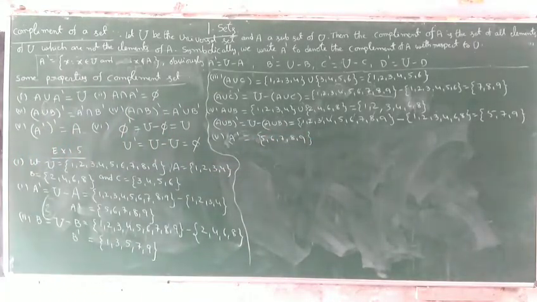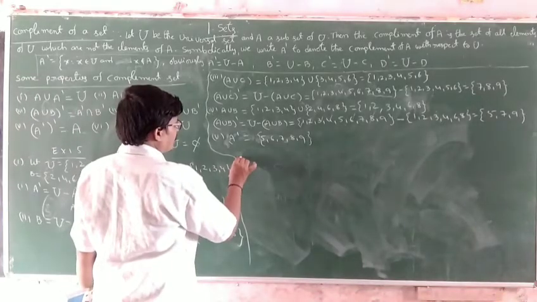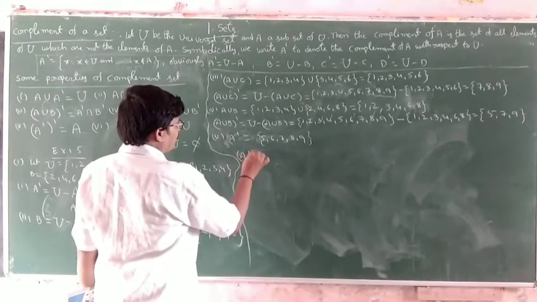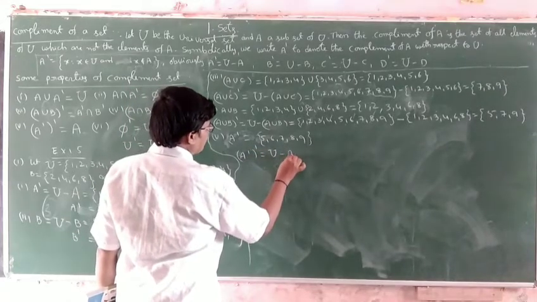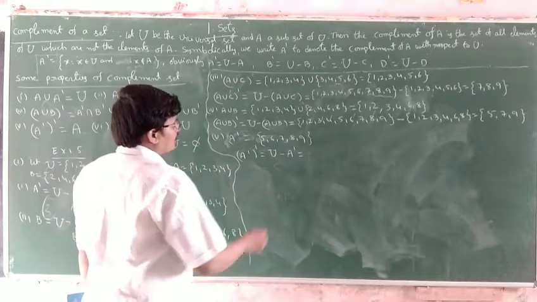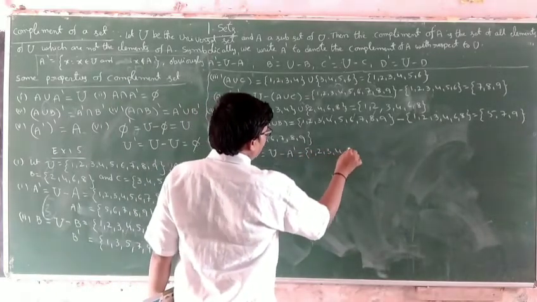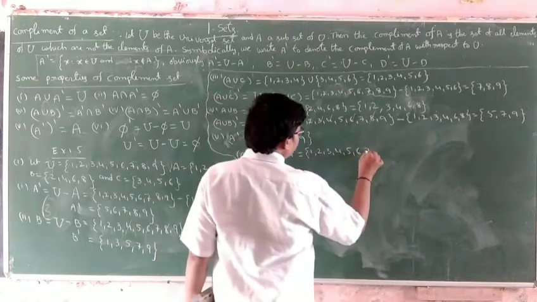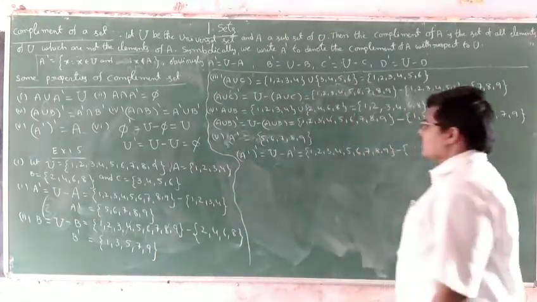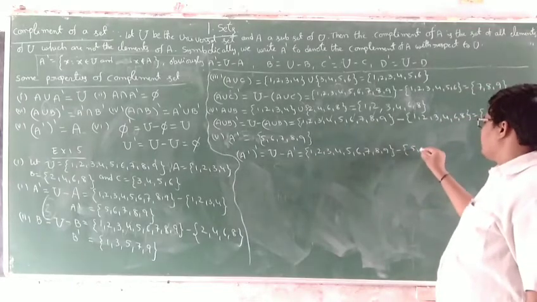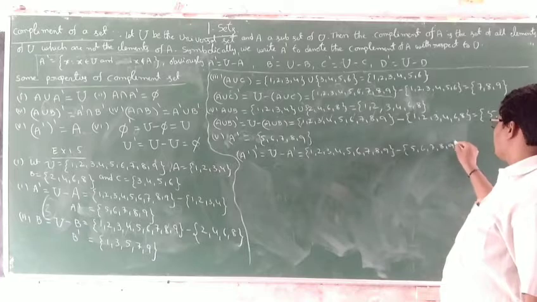Now (A complement) whole complement is equal to universal minus A complement. Universal is {1, 2, 3, 4, 5, 6, 7, 8, 9} minus {5, 6, 7, 8, 9}.